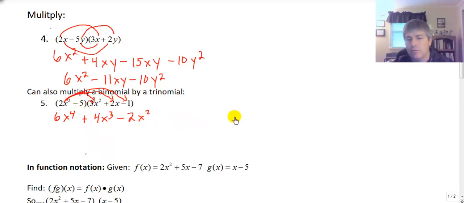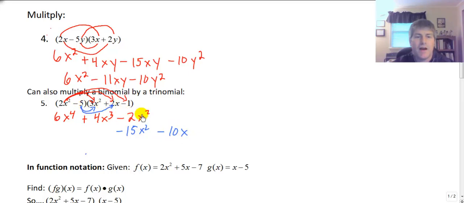We could continue horizontally, but I'm going to do this vertically because you can see how easy it is to line up the like terms. So negative 5 times 3x squared is negative 15x squared. And then negative 5 times 2x is negative 10x.